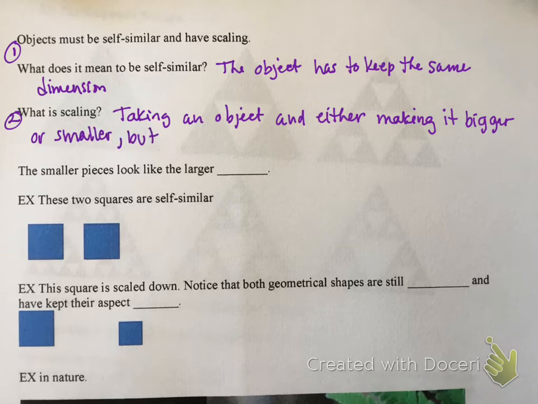But you have to keep its aspect ratio the same. So let's stop a minute and talk about what is aspect ratio. Aspect ratio keeps the dimensions of the object in place.